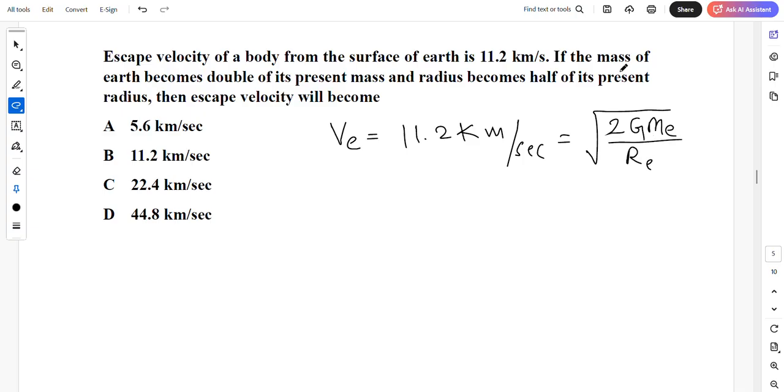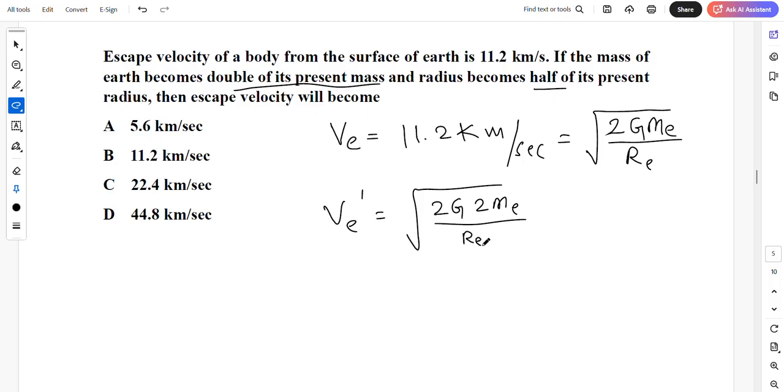Now, if the mass of the Earth becomes double of its present mass and the radius becomes half, let us say V dash is equal to square root of 2 into G, that is constant. Mass becomes double, that is 2 Me, and the radius becomes half, that is Re by 2.